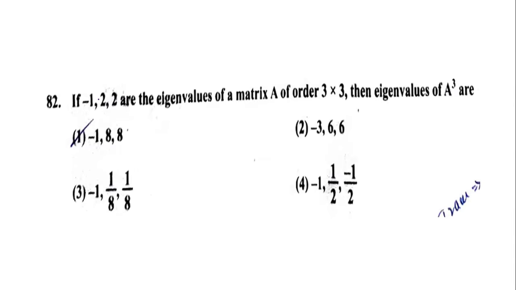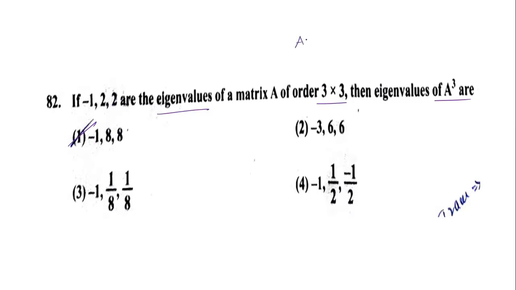Next, if minus 1, 2, 2 are eigenvalues of a matrix A of order 3 by 3, then the eigenvalues of A cube are just the cubes of these eigenvalues. That means minus 1, 8, 8. This is the right answer.